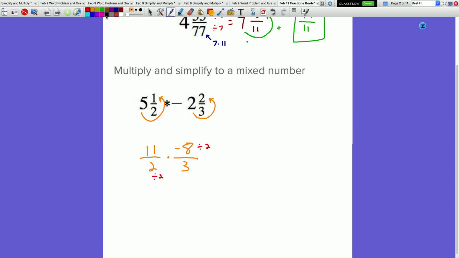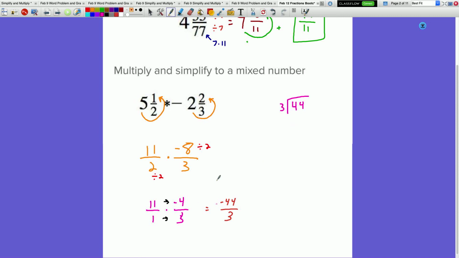All right, so now I have a new problem, which is 11/1 times -4/3. And this is a little bit easier to solve because I just multiply straight across the top, straight across the bottom, and I've got smaller numbers this time, and I get -44/3.